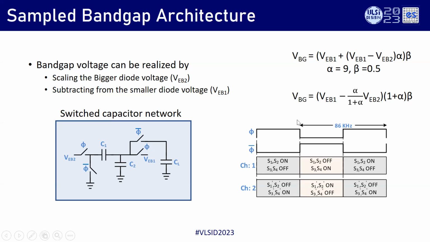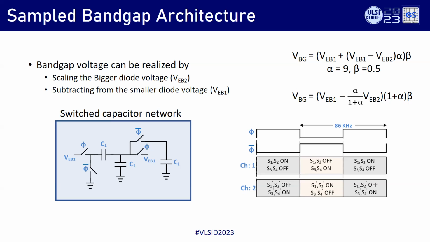Now in this architecture, instead of doing this alpha multiplication here, we adjust the VB2 such that it will cancel the temperature coefficient. This is the typical case in sub-bandgaps, where alpha is close to 9. Again, it varies, like 7 to even sometimes crossing 9, depending on what kind of VB1.